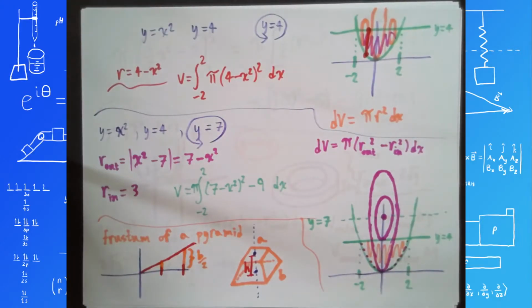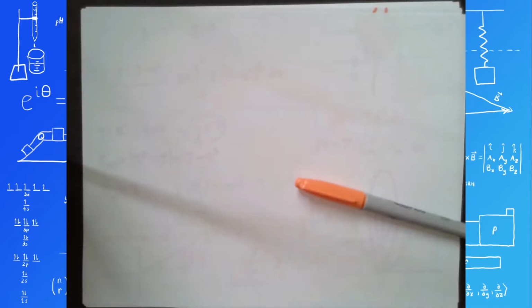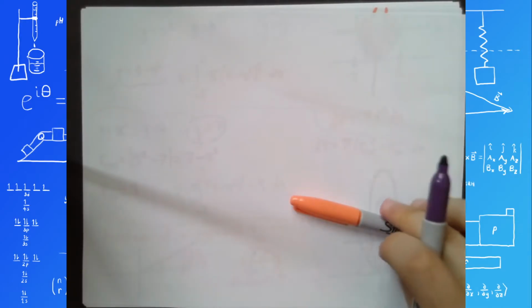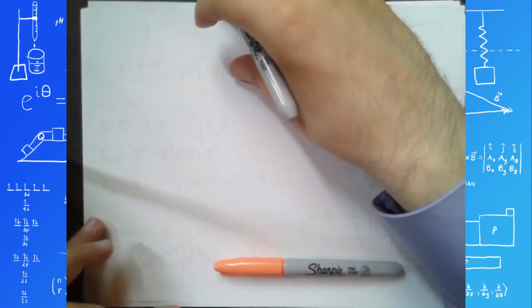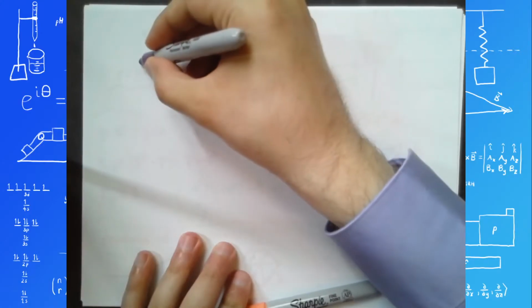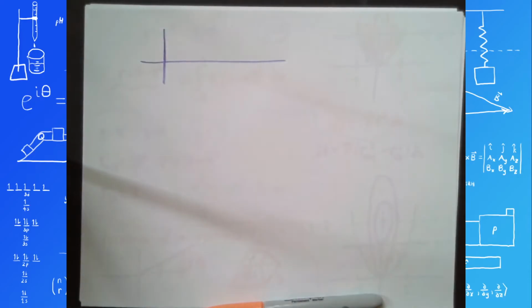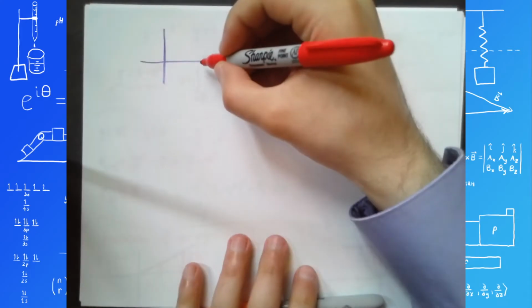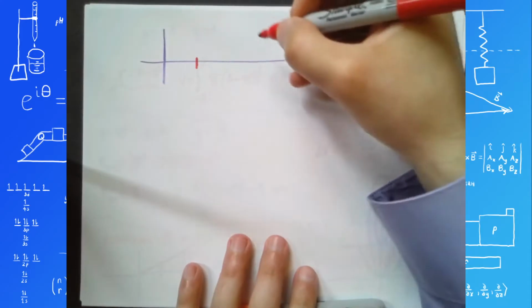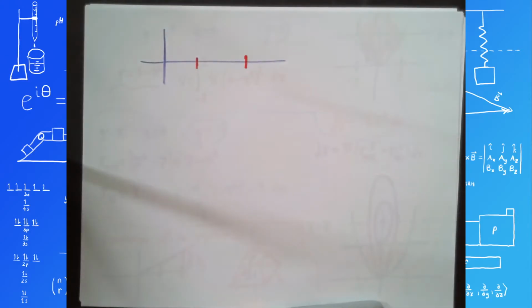Let me redraw this on a new sheet. So we would have, let's space them apart a little bit better here.